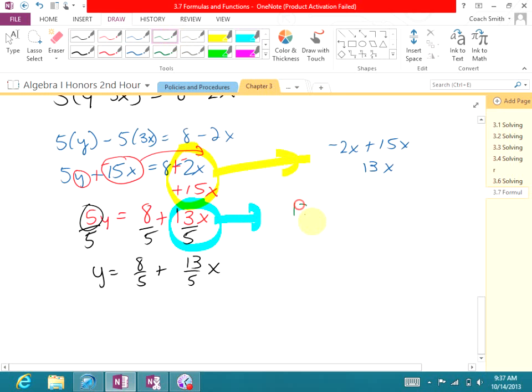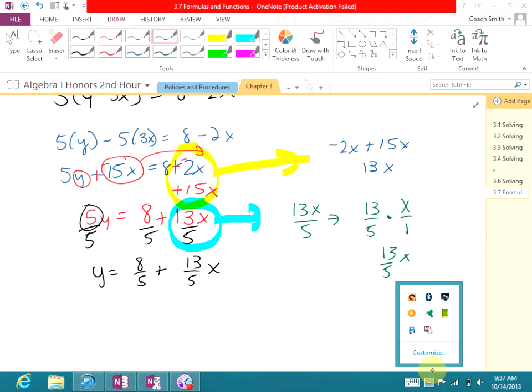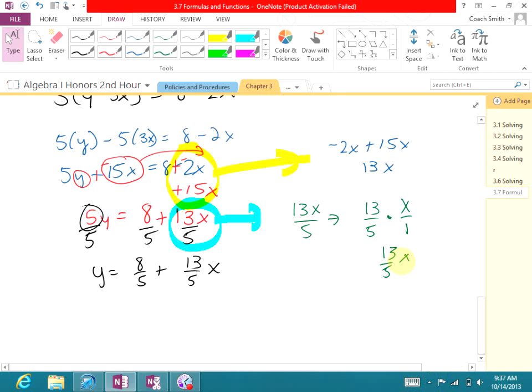Understand that 13x over 5 is the same thing as 13 over 5 times x over 1. Okay, that's how I'm coming up with 13 over 5 times x, like that. That's how I'm coming up with that answer there.